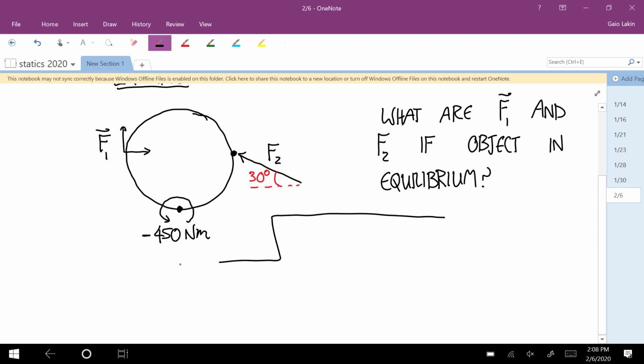And I'm going to do this calculation. When you do this, you can choose any about point you want for moments. I'm going to choose my about point here. Okay, that's going to be my A.